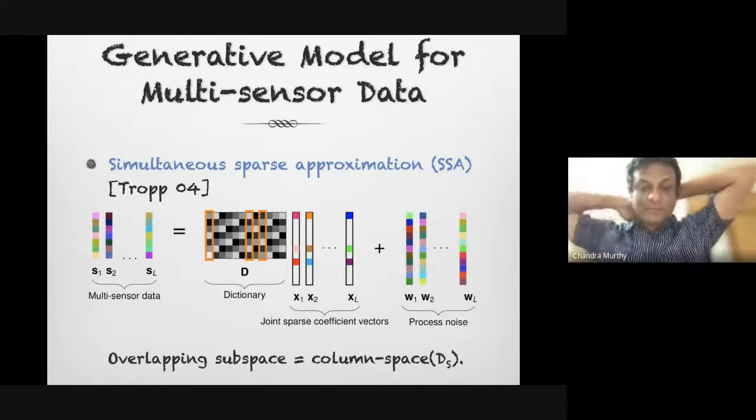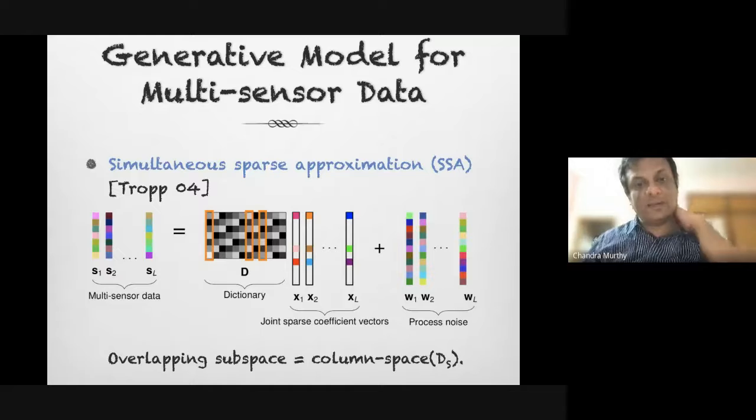And the overlapping subspace in this context are the green columns here, or the span of those three columns. It's the column space of D sub S, where S is the index set corresponding to the non-zero entries in X, or the non-zero rows in X.